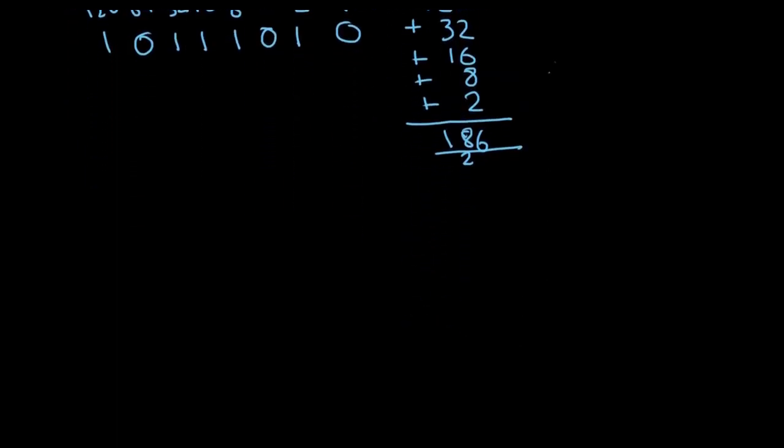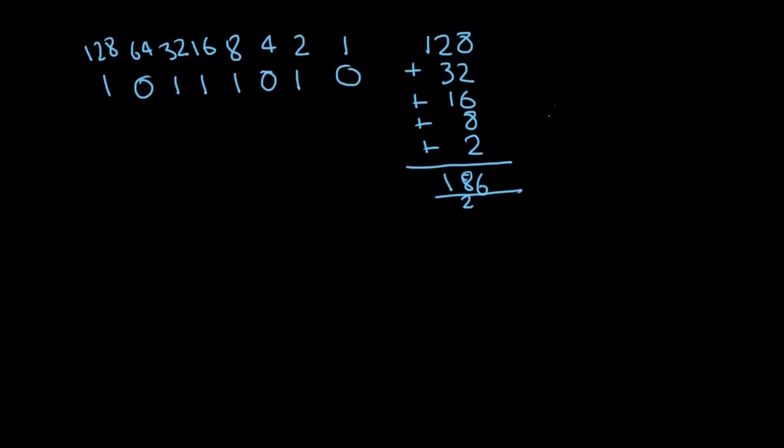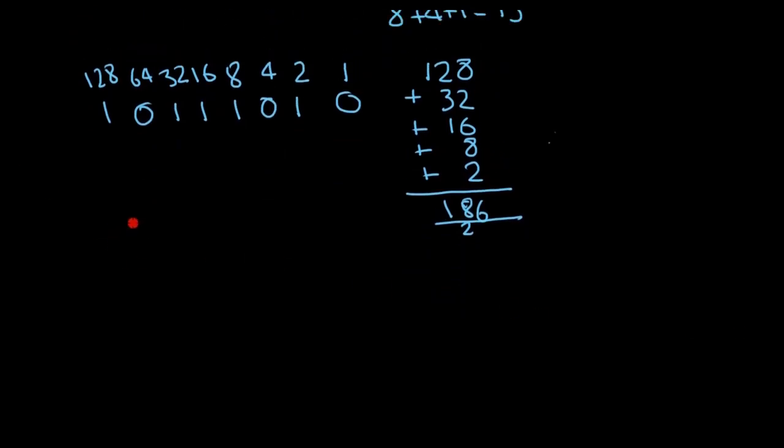So let's have another number then. Let's go for 194. Okay, let's hope that's not too hard a number. I start off just doing exactly the same thing. So I start off with 1, 2, 4, 8, and I keep doubling all the way up to 128.